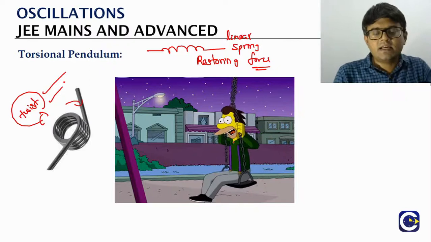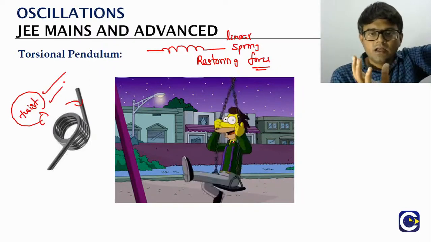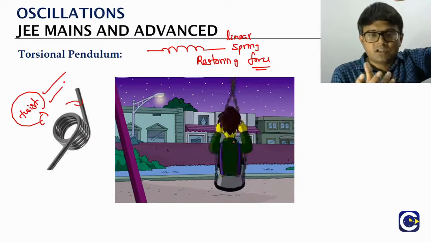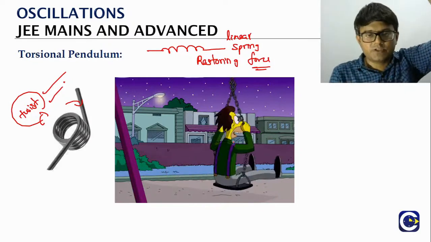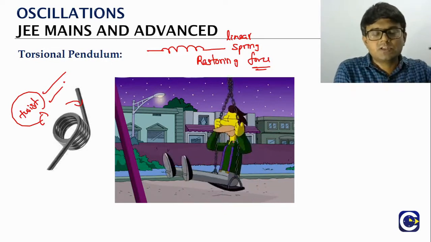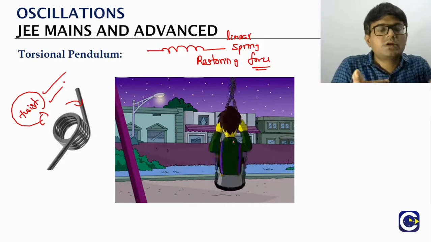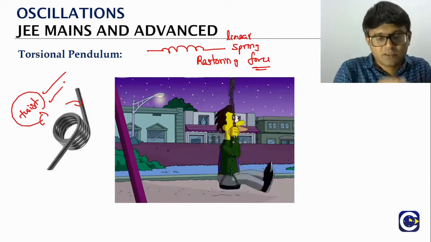Same way here, if you give the twist or angular displacement to the torsional spring or even the rope, there will be a tendency for it to come back to the original configuration. That is what we refer to as the restoring torque.